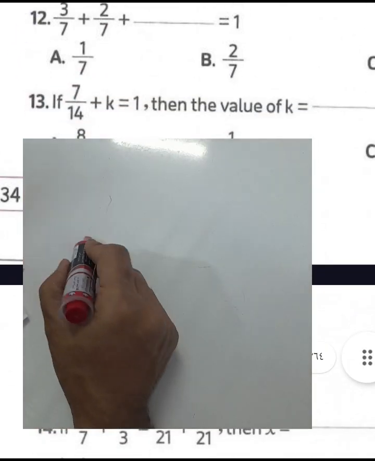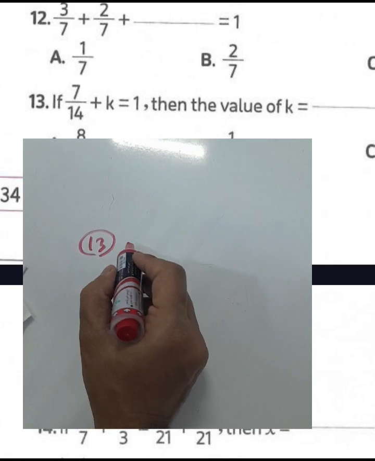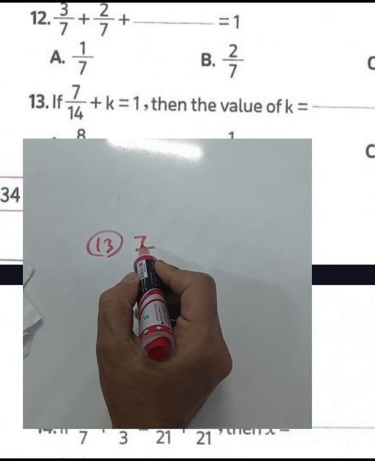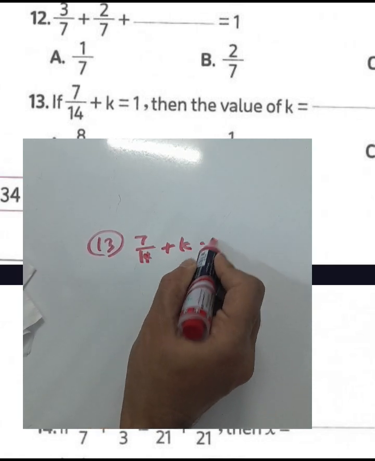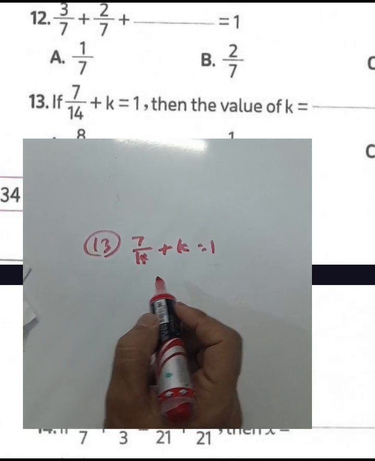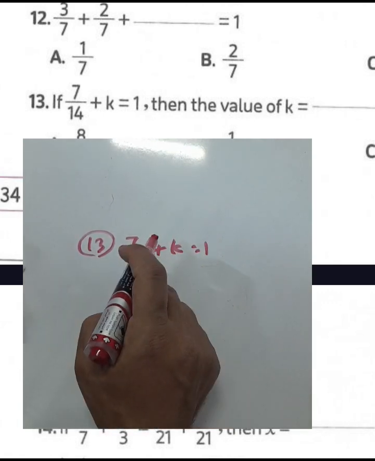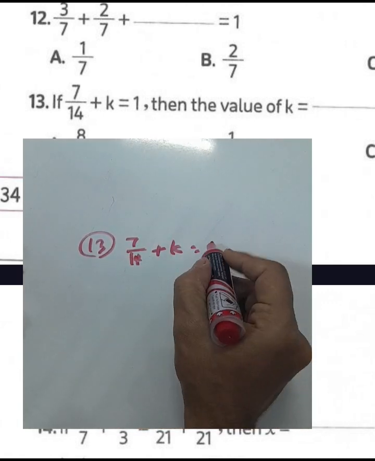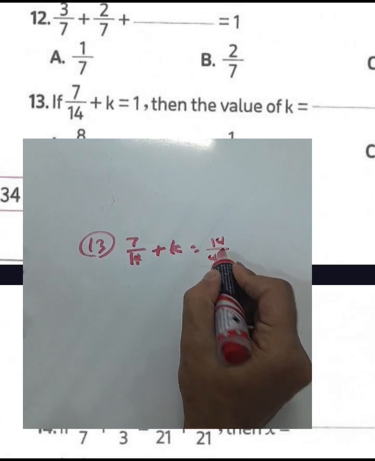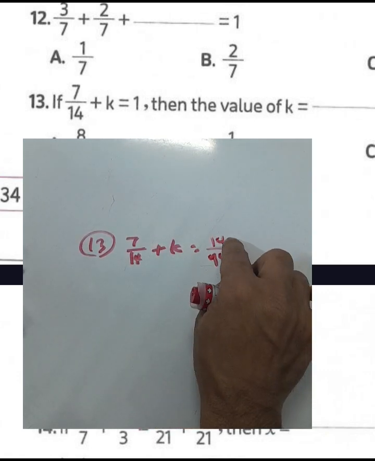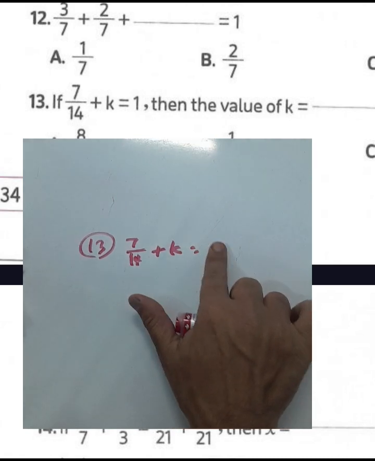Question 13. If 7 over 14 plus k equals 1, then k equals what? We can convert 1 here to the same denominator. We can write here 14 over 14, because 14 over 14 equals 1.